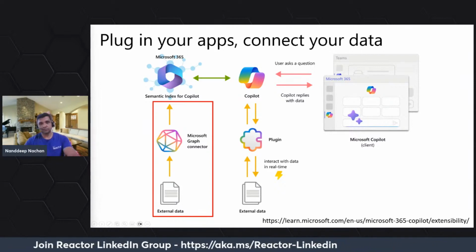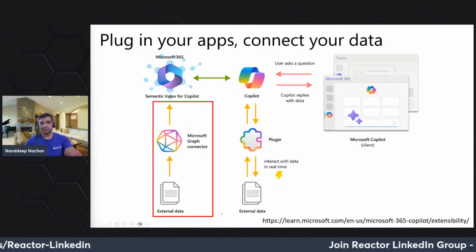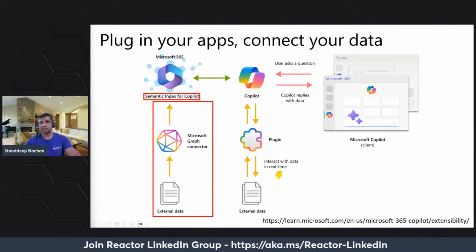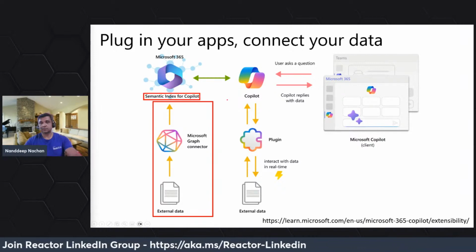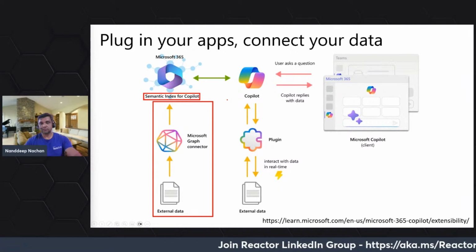Let's come to this diagram where we can see the semantic index. The semantic index is a system that helps improve the way search works with Microsoft 365. It's like a database that organizes information in a smarter way, making it easier for users to find what they are looking for.